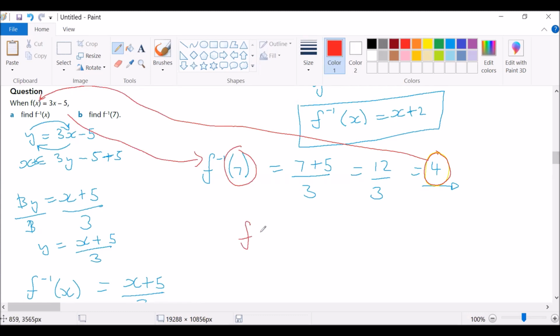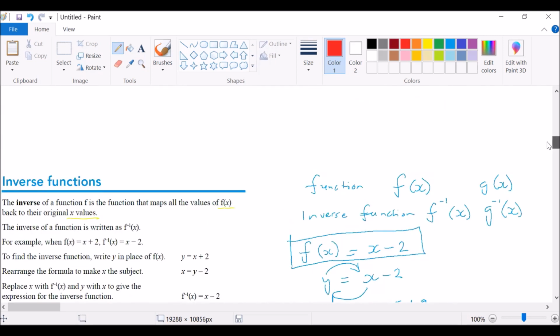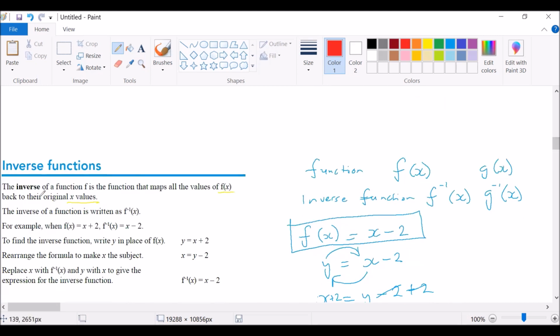So f of 4 is equal to 3 times 4 minus 5, which is 12 minus 5, which will give us 7, which is this 7. That is what is meant by the statement, the inverse of a function is the function that maps all the values of f of x back to their original x values.